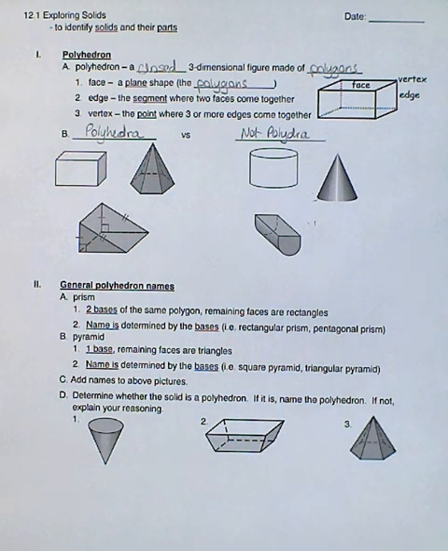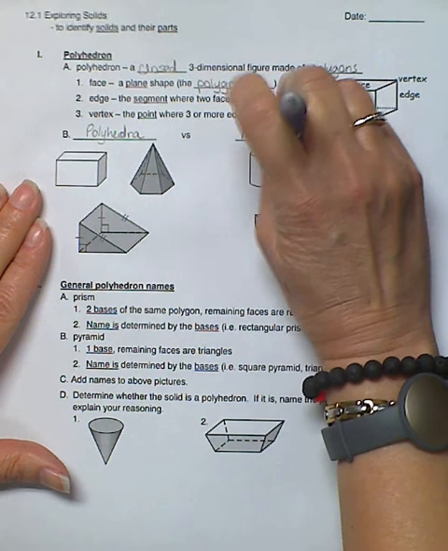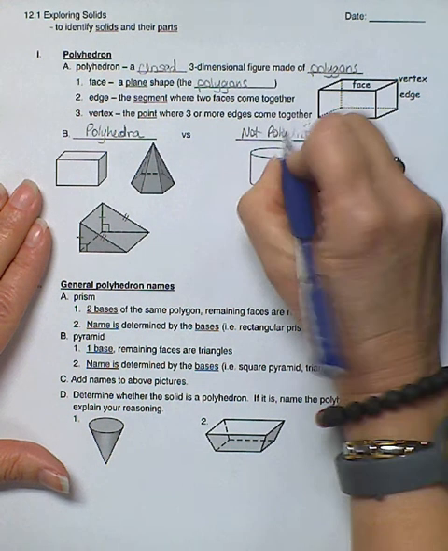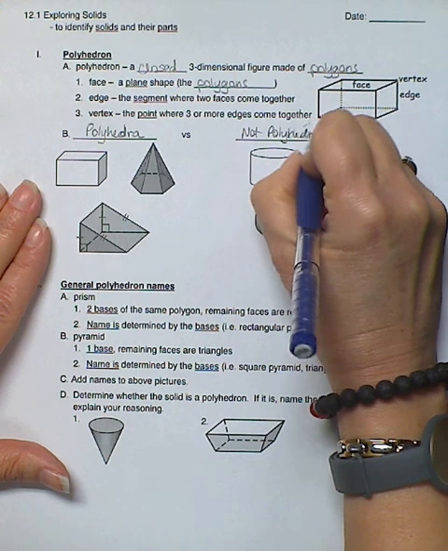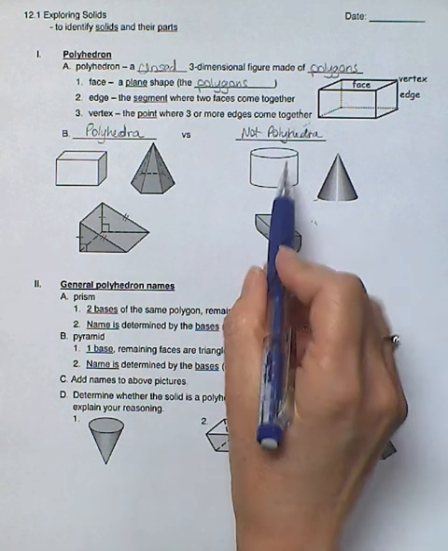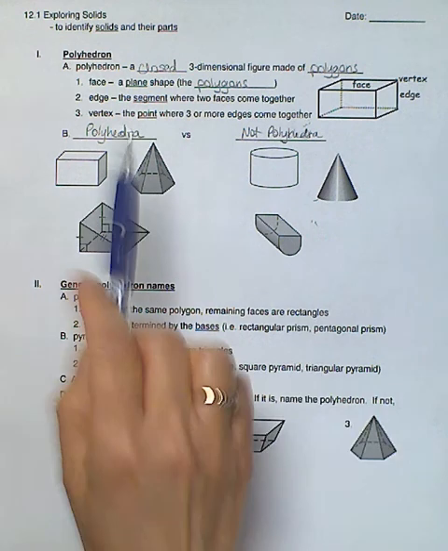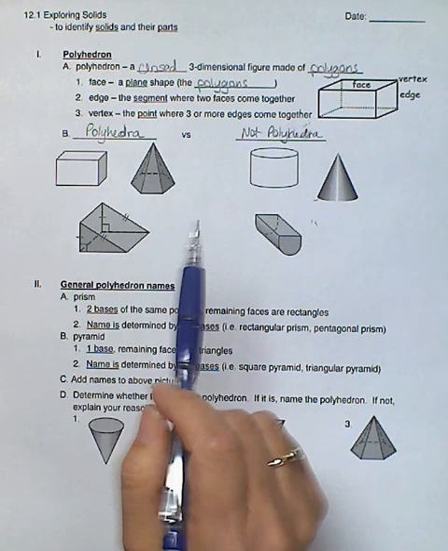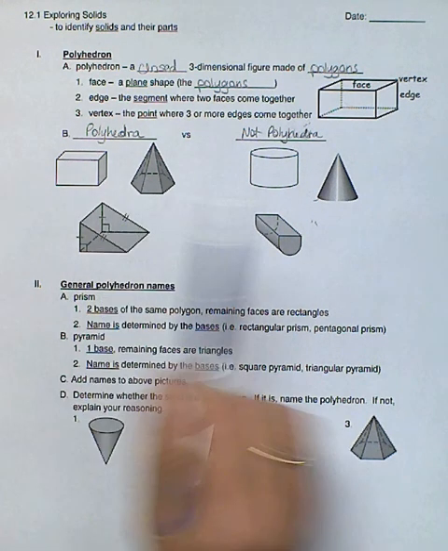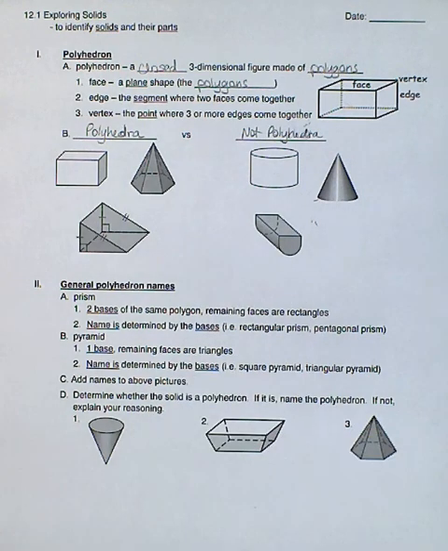These are not polyhedra because of the curve. You can see there are circles here, there's a curved edge here. So the first list is polyhedra, they're all polygons, and the second listing is not polyhedra because we have circles and curves.